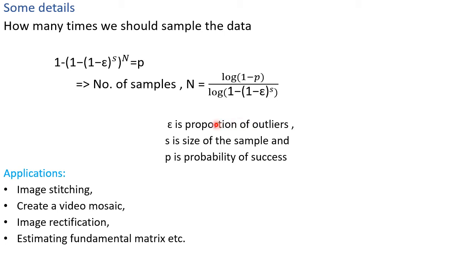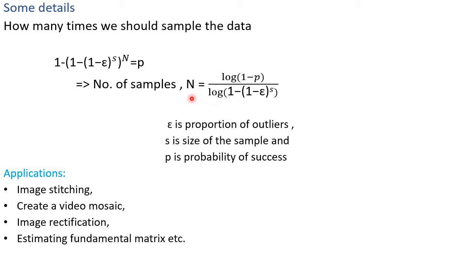So iteratively, first a sample will be taken, a model will be evaluated for that sample, and the number of outliers will be calculated. If the outlier ratio in the present iteration is less than in the previous iteration, then a new value of N will be calculated. Actually, in the starting, when epsilon equals 1, capital N will be equal to infinity.